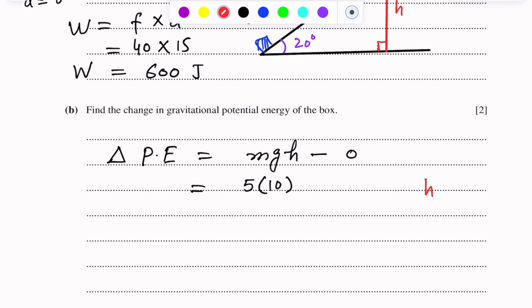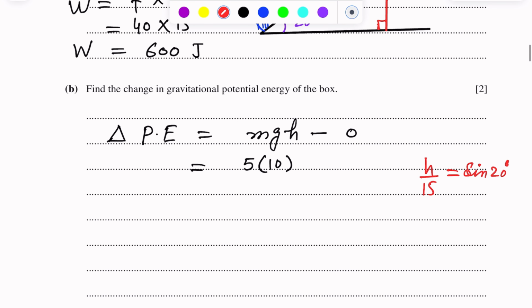So h over 15 is equal to sine 20 degrees. h will be 15 sine 20 degrees. We get h is equal to 5.13 meter.